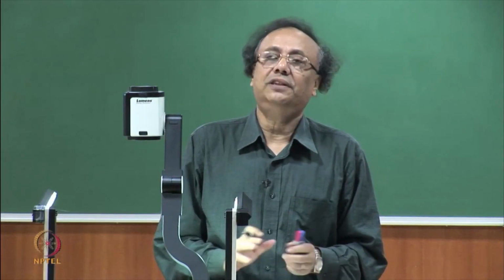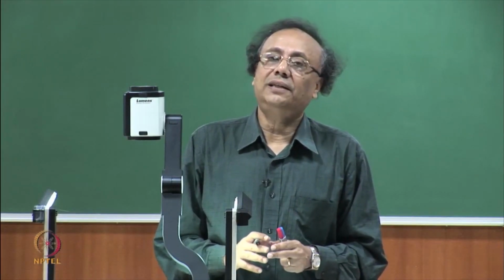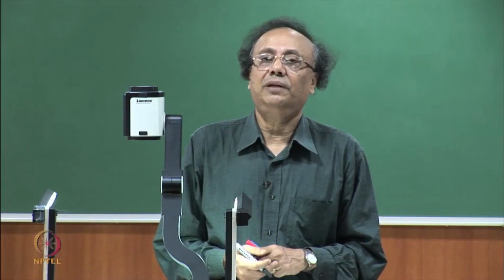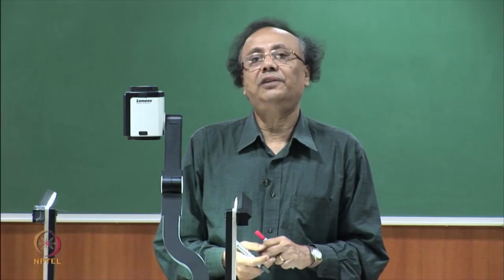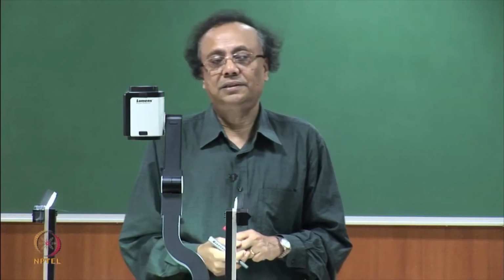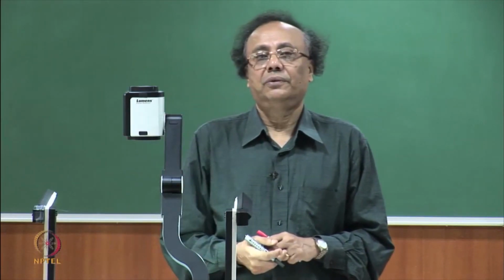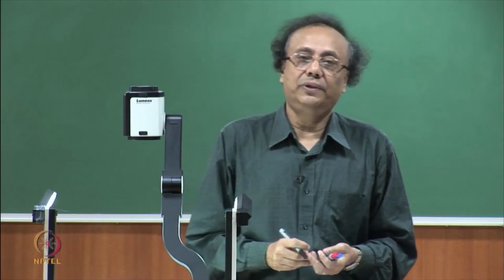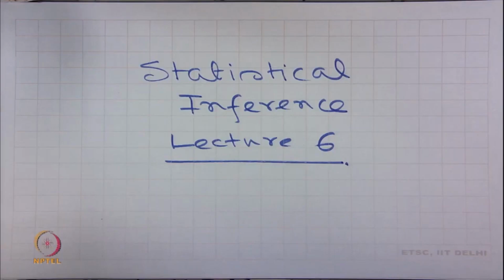We also found that if we look at the sum of squares of n independent normal variates, then that will be distributed as chi-square with n degrees of freedom, which is gamma with half and n by 2.